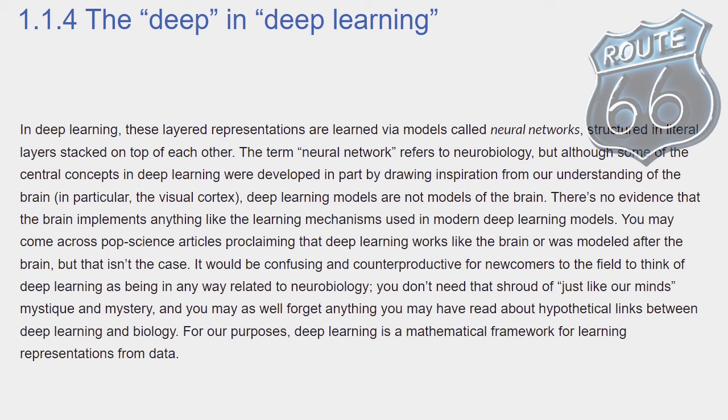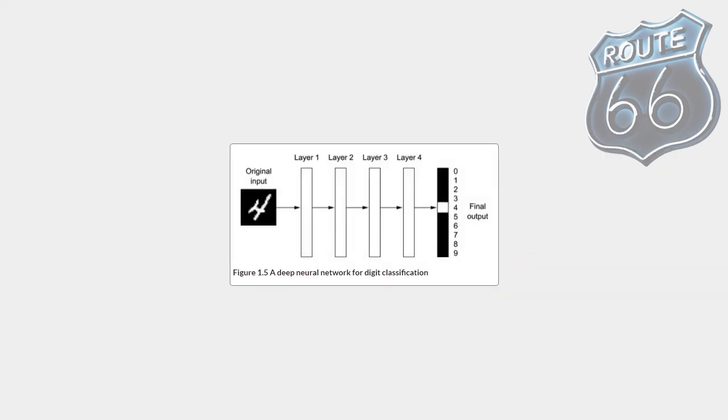It would be confusing and counterproductive for newcomers to the field to think of deep learning as being in any way related to neurobiology. You don't need that shroud of "just like our minds" mystique and mystery. And you may as well forget anything you may have read about hypothetical links between deep learning and biology. For our purposes, deep learning is a mathematical framework for learning representations from data.